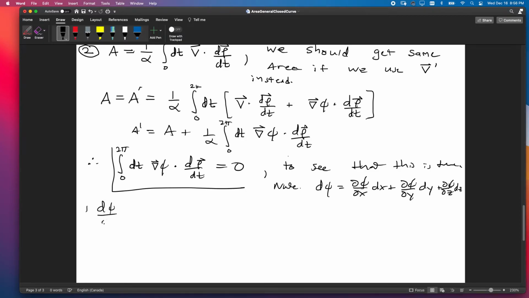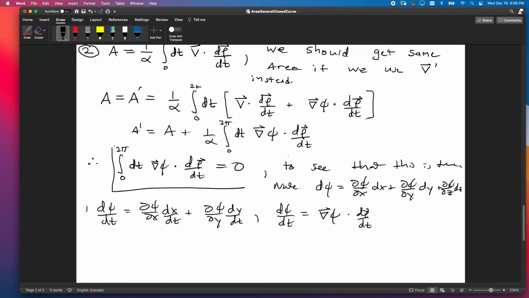If I divide by dt, and I note that dz by dt is 0, this is the same as the gradient of phi dot d rho by dt.